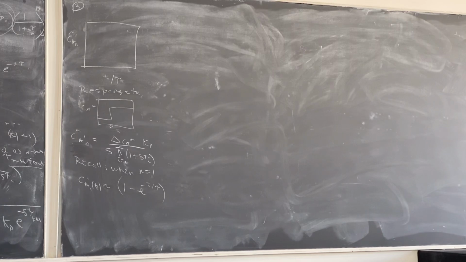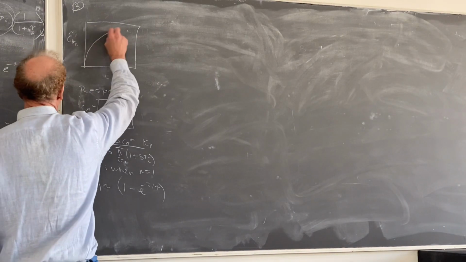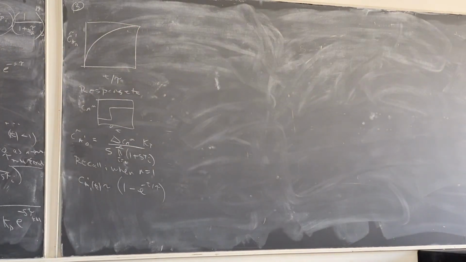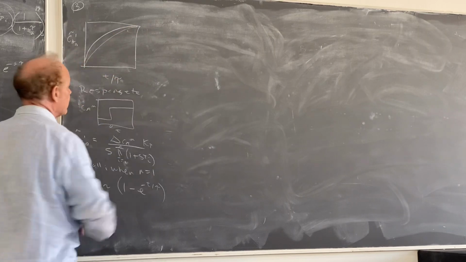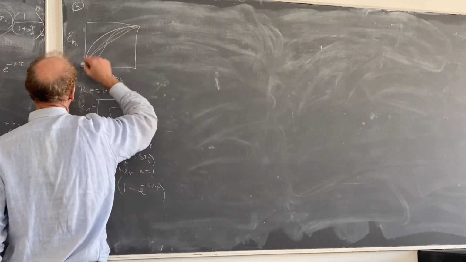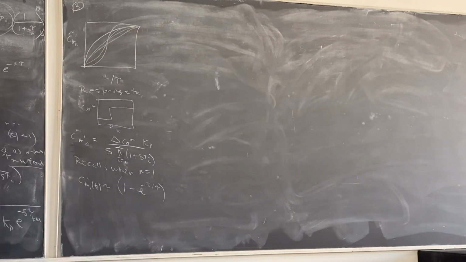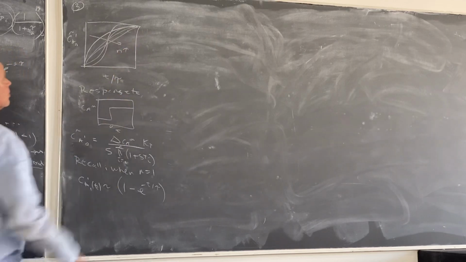So let's recall what this thing looks like. Obviously for n equal to 1, it looks something like that. And what happens as n gets bigger? As n gets bigger, it ends up looking more like that, and then eventually like that, and eventually like that. In this direction, n is getting bigger.